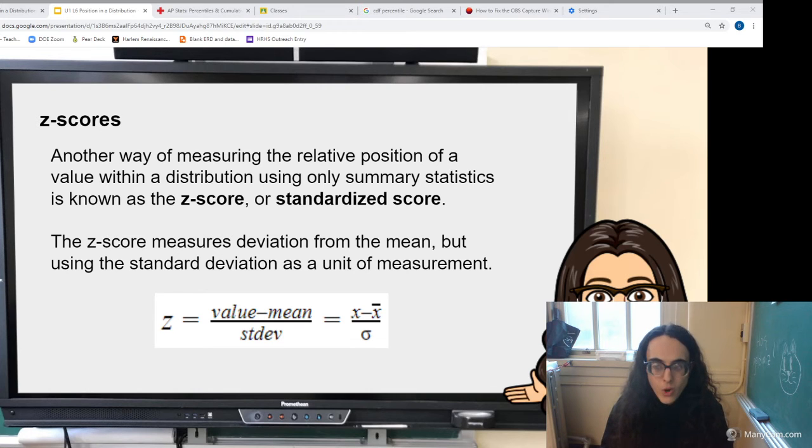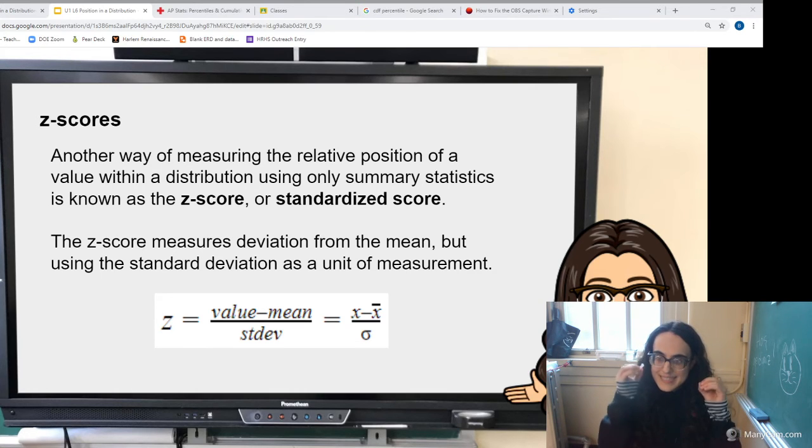If I can only find the summary statistics, I can't get all that data, then Z-scores are a great way to go because you can find them solely based on the mean and the standard deviation. If you know those two things, you can get the Z-score. You don't need a fancy relative cumulative frequency graph, you don't need actual data, you just need those two statistics.